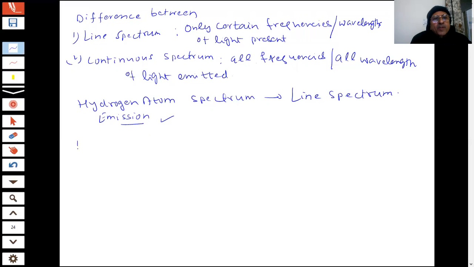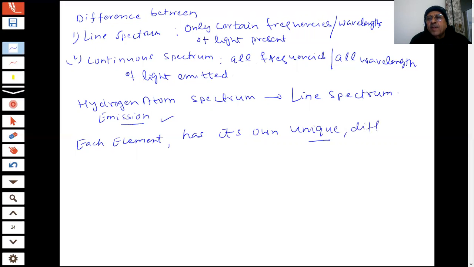So each different element has its own unique emission spectrum, and that can be used for the identification of the element.